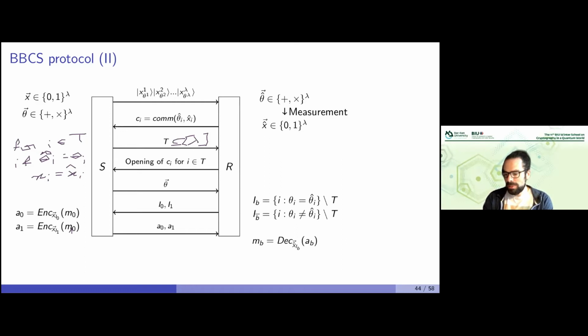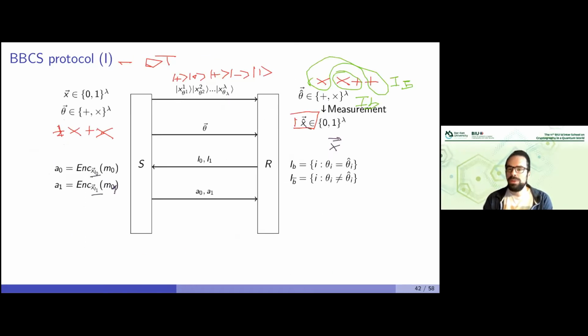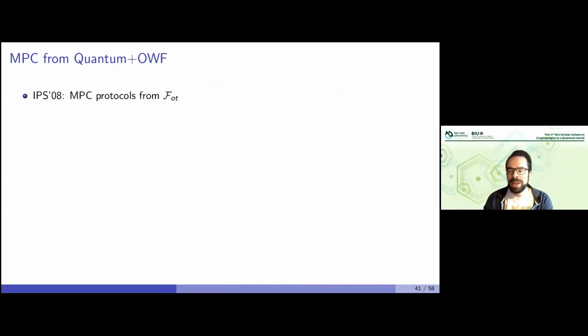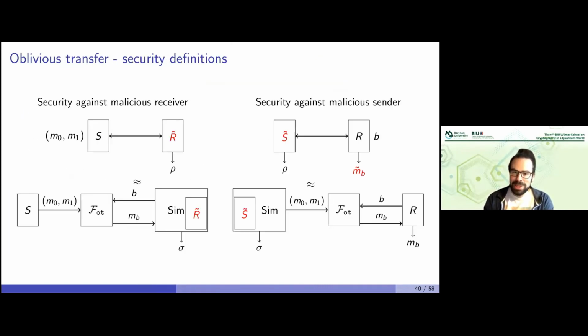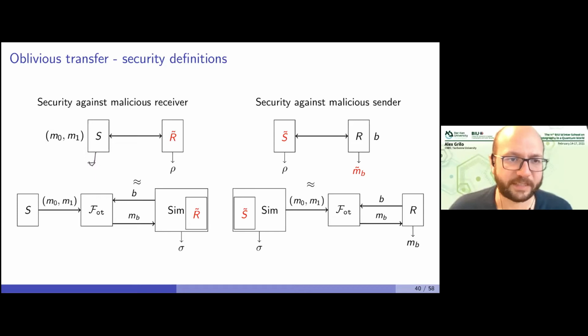So the question is, what if the malicious party just refuses to participate, essentially, or sends garbage or whatever? How can you then simulate the ideal functionality? If, for example, the receiver here goes away, the simulator, the sender, could just abort.